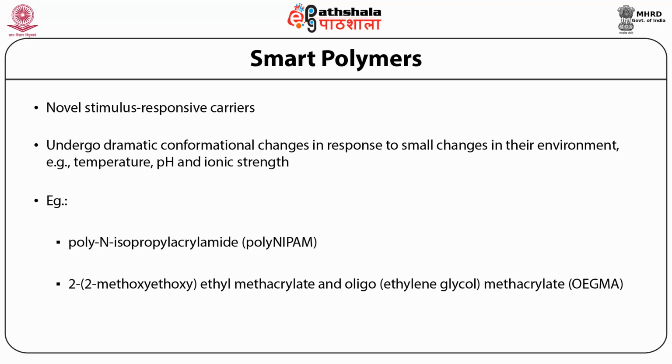Because of the different physiological conditions of different tissues, the polymer changes its conformation and delivers the drug to a specific tissue. So smart polymers are not only important for enzyme immobilization, but have n number of significances.